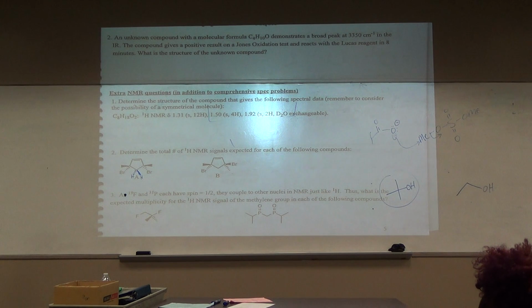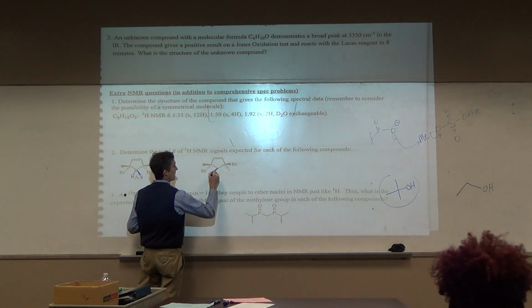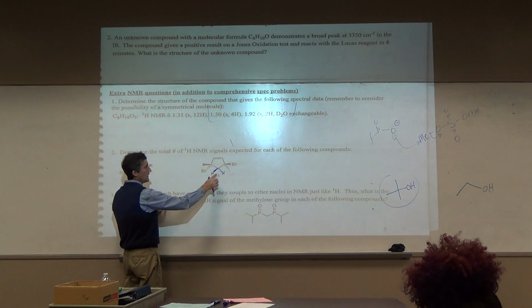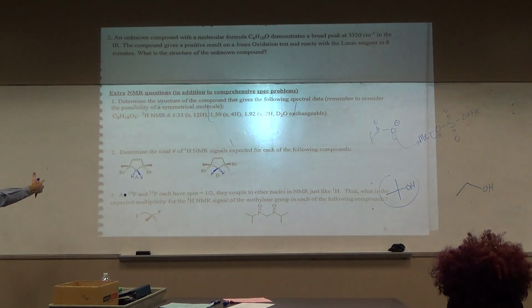So it's the same on the other one because they're both between the bromine and, over here, one H is back there between a bromine and methyl. The other H is forward between a bromine and methyl. And so they're in the same chemical environment.